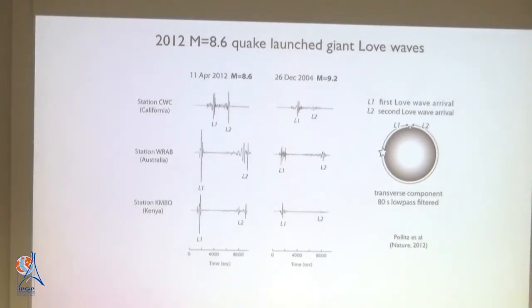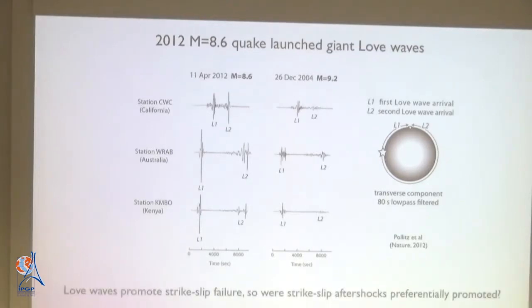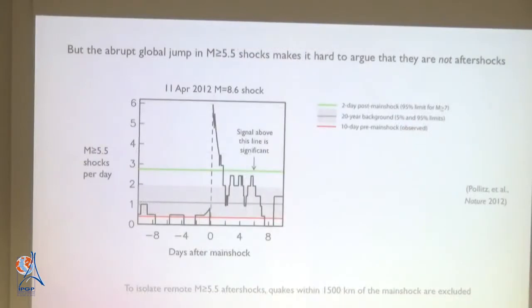So if you look at the distribution in time of these earthquakes, you see something really remarkable. And you get this sudden increase in the rate of global magnitude 5.5 earthquakes. And we've cut out anything within 1,500 kilometers of the main shock.